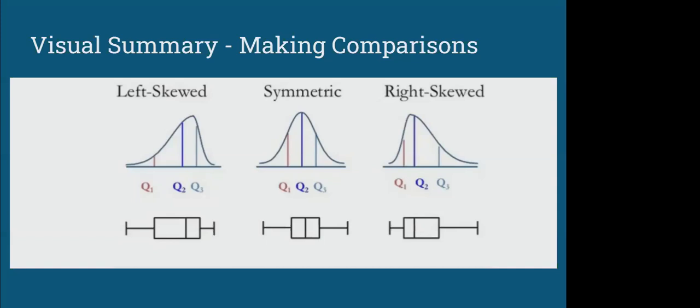And you see that Q2 is in the middle of the box. Make sense? So again, in that box plot, everything is even. Just like if it's symmetric, we can split it in half and the left side looks like the right side.